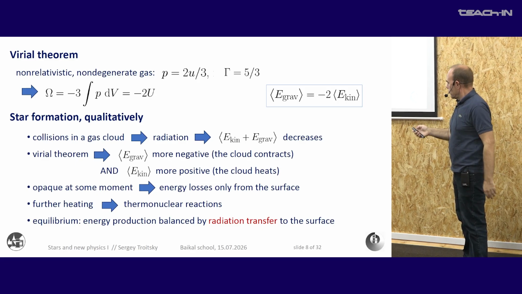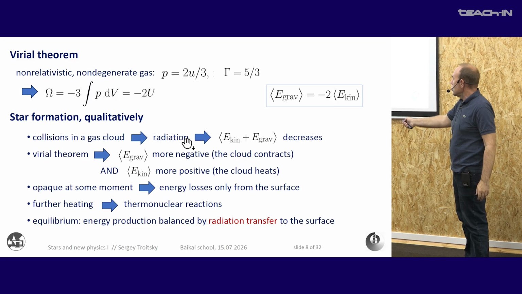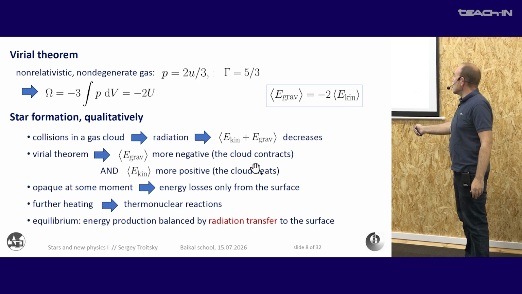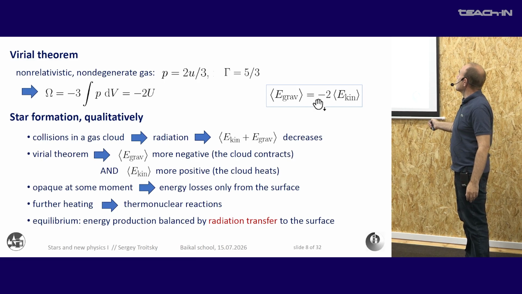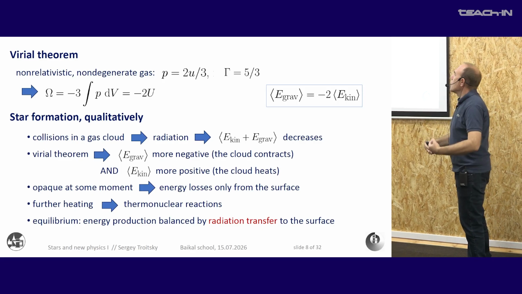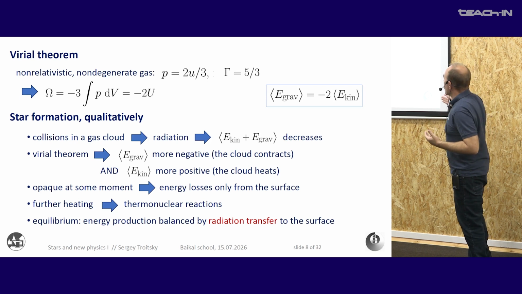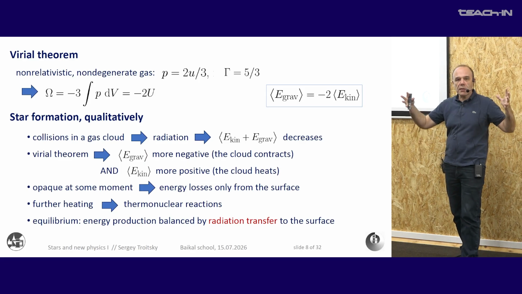But for simplicity, we assume that the energy is carried by radiation, and then the total energy, of course, decreases. But if the sum of these quantities decreases, then this relation means that the gravitational energy should become more negative, so the cloud contracts, and kinetic energy should become more positive, so the cloud heats.